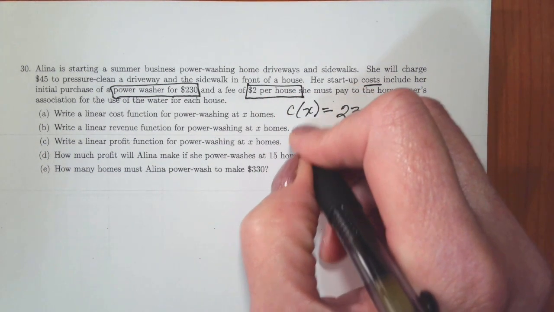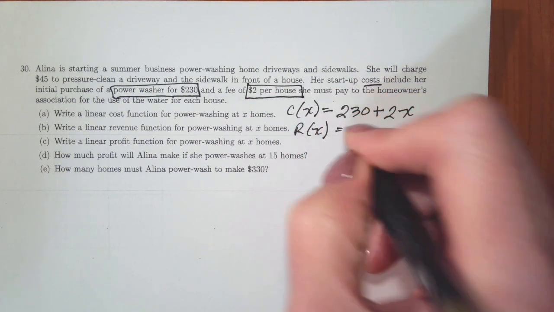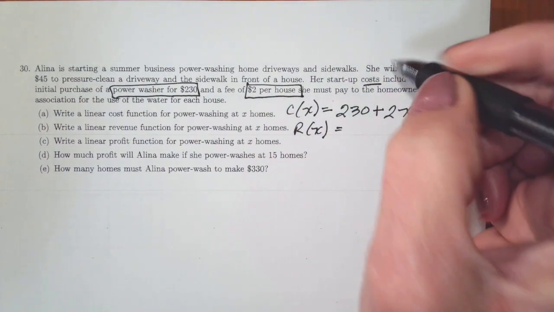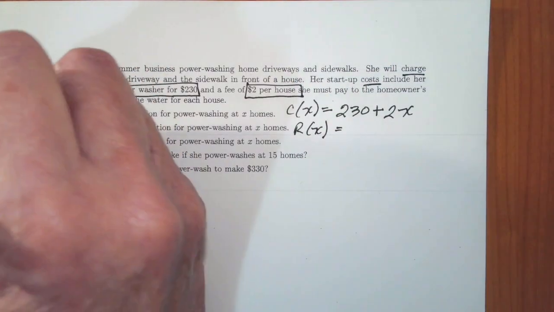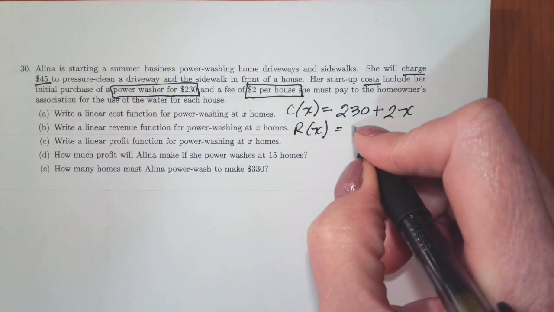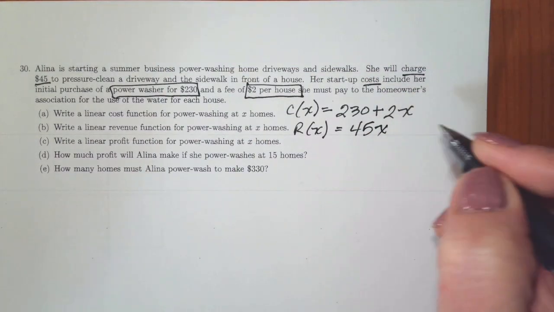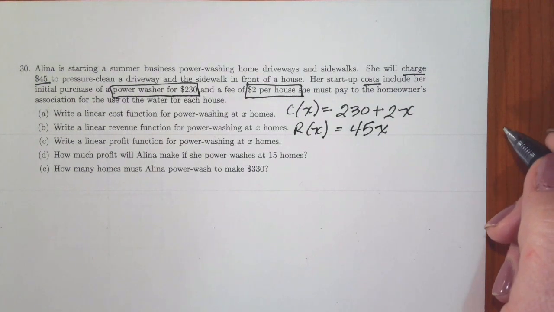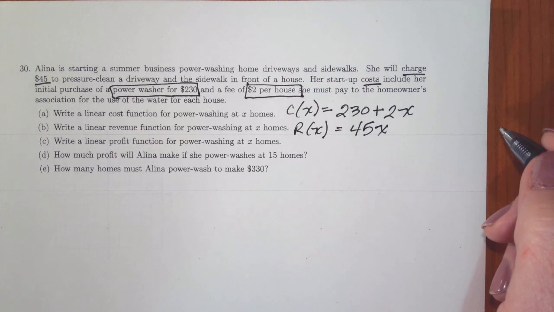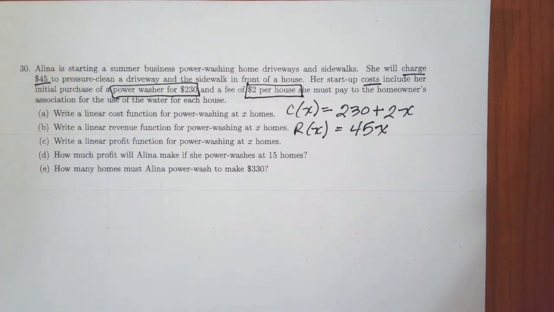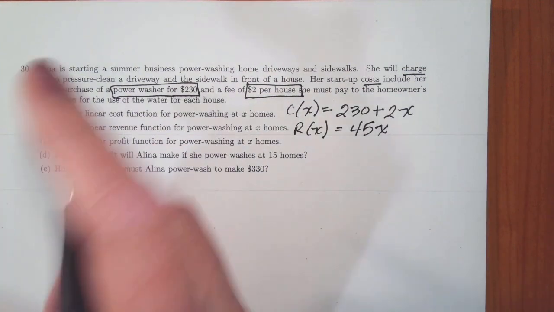All right, so the revenue is how much her income is going to be, or how much she charges. So she's going to charge $45 for each house. So that's 45x.